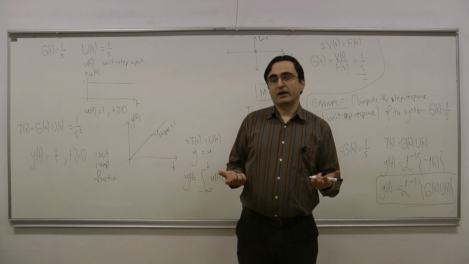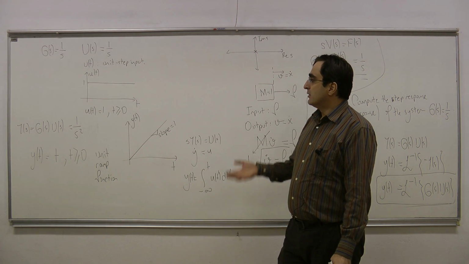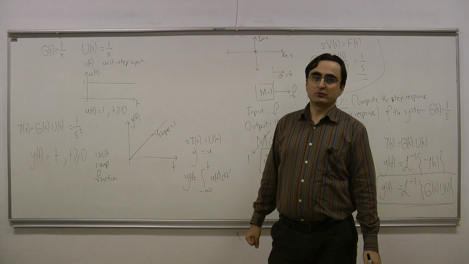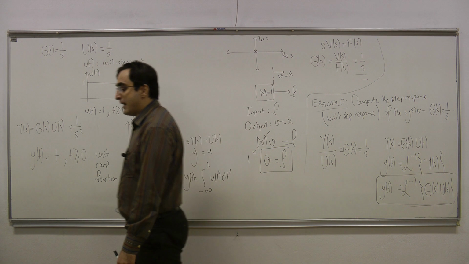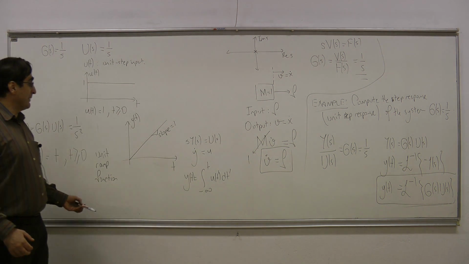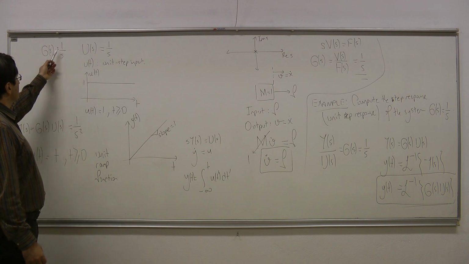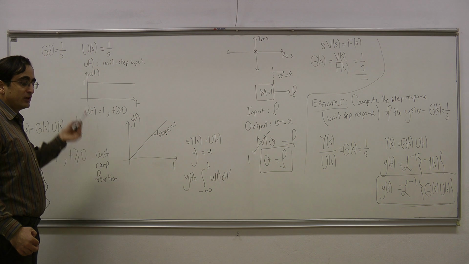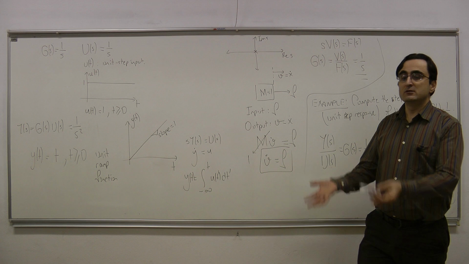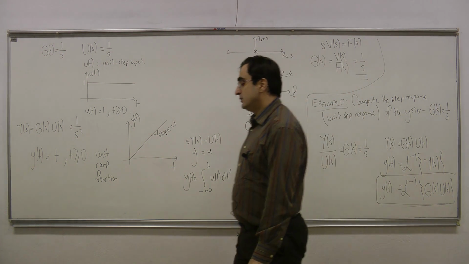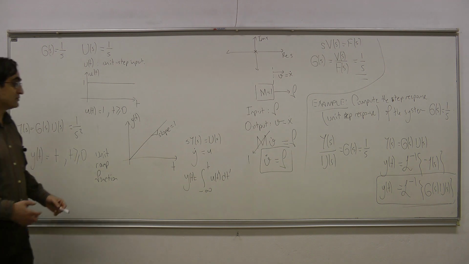That would just be the response of the system to a unit ramp input. Then the input Laplace transformation is going to be this one, and I will multiply it with G of s, and that would give me the Laplace transformation of the output, and I would take the inverse Laplace transformation of that in order to calculate the unit ramp response.